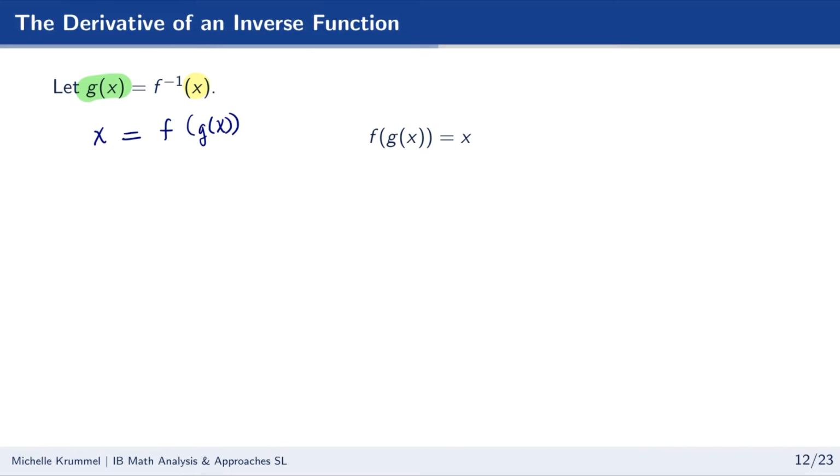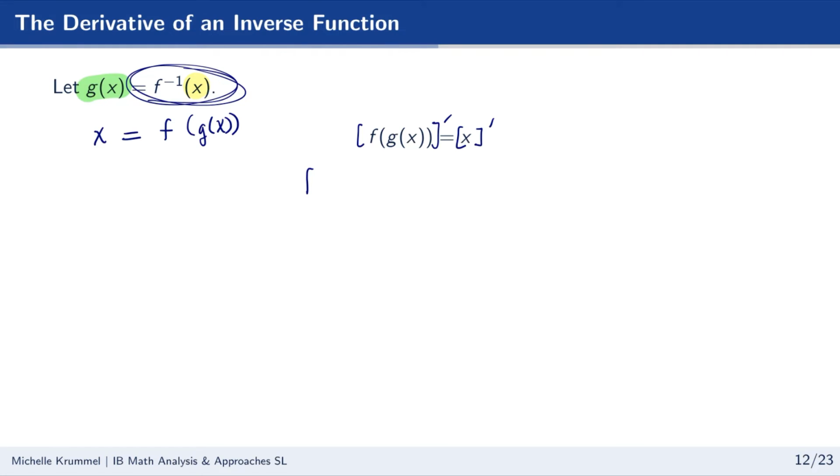And the reason we're writing it in this form is because we know how to take the derivative in this form. What we're trying to figure out is how do we take the derivative when it's in the form f inverse of x. Okay, so we're going to work with this equation and take the derivative of both sides. Well, on the left, if we're going to take the derivative of f of g of x, we're going to use the chain rule.